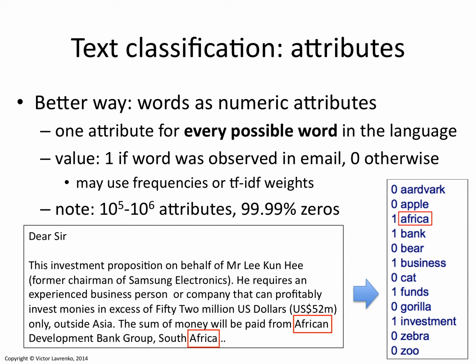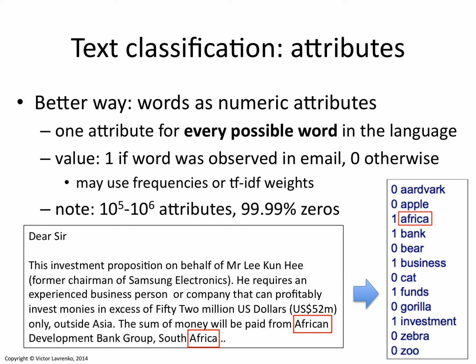Now, an interesting thing about these representations is they're going to be huge, right? Your vocabulary is large, so for every email, you're now going to have a vector of 1,000,000 numbers. But the good thing is, probably 99.99% of those numbers are going to be zeros, because only a very small percentage of words will occur in any given email.